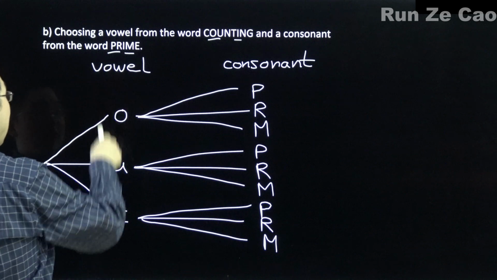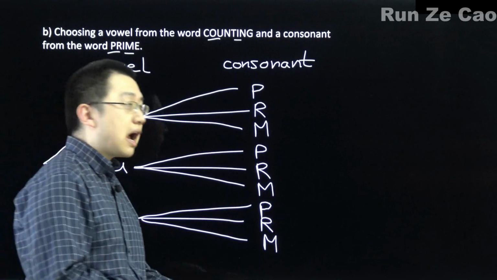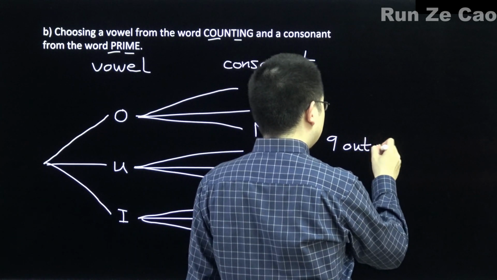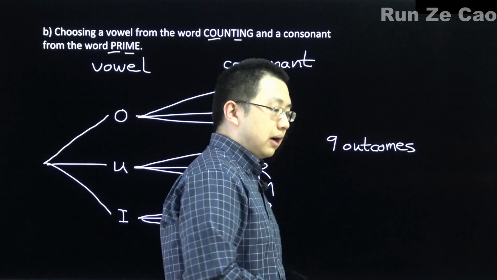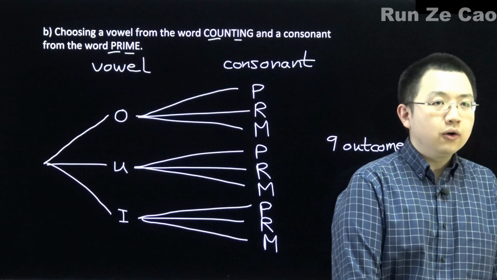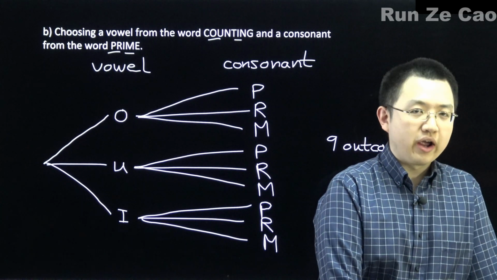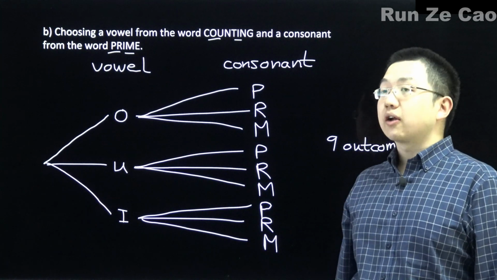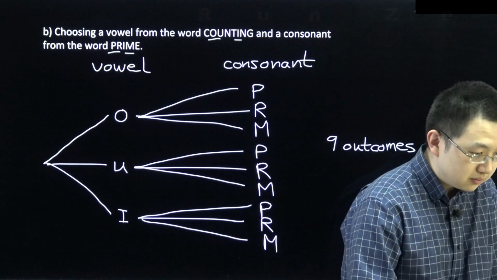So we have 3 vowels, each of which we can choose 3 consonants. 3 times 3 is 9, right? So 9 outcomes. Well, how do we do this without drawing all these irritatingly huge and tedious diagrams? That is the stuff of the next section.